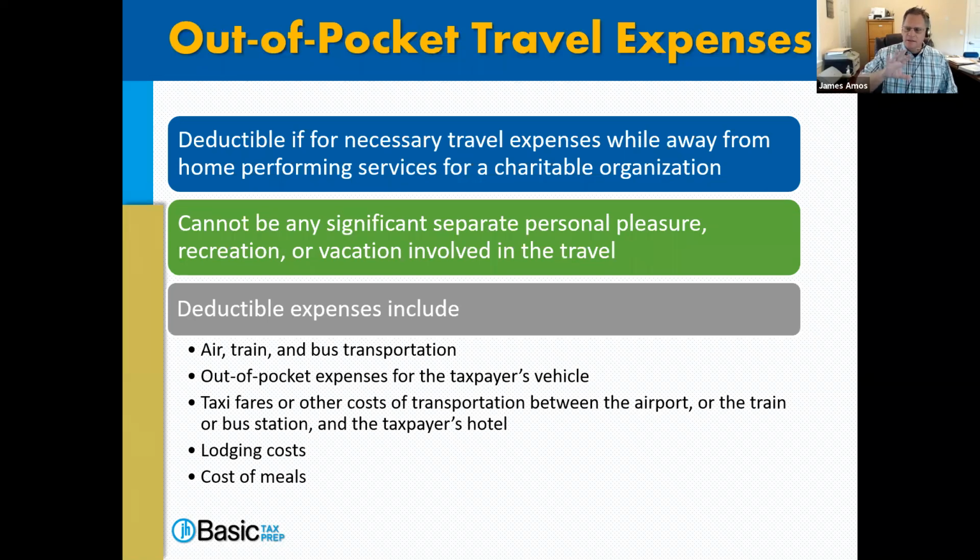Just separate the pleasure expenses from what you're doing for the charitable organization. You get to deduct your transportation expenses like airplane fare, train, bus, whatever, your out-of-pocket expenses if you use your own vehicle, any taxi fares, lodging costs, and cost of meals while you're there.